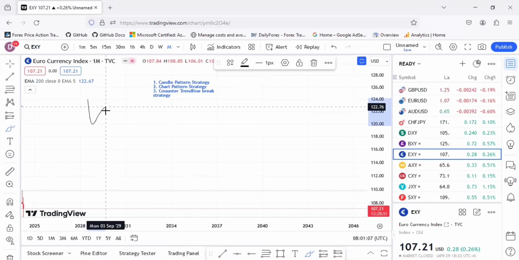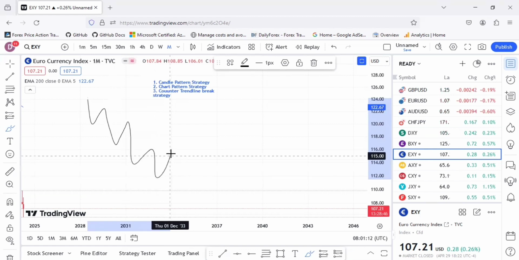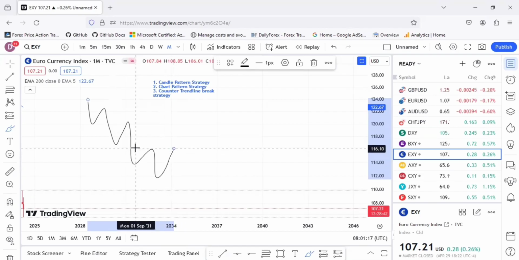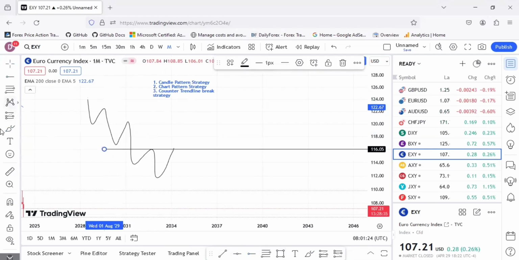It's making lower high, lower low, lower high, lower low, lower high, lower low. Then you discover that, okay, at this point I want to enter the market. I'm just using this as an example.